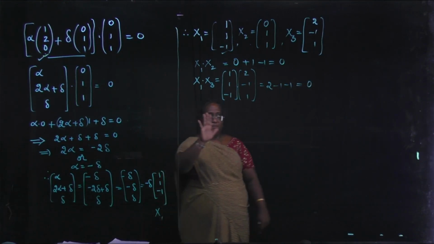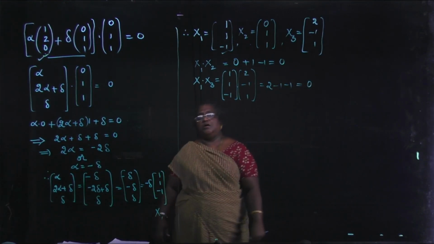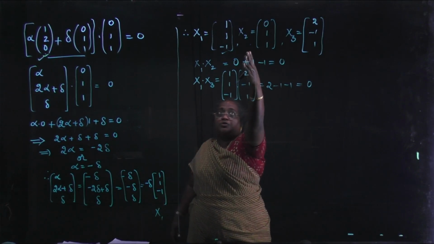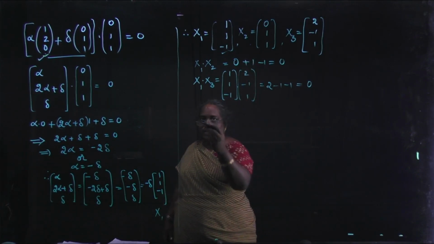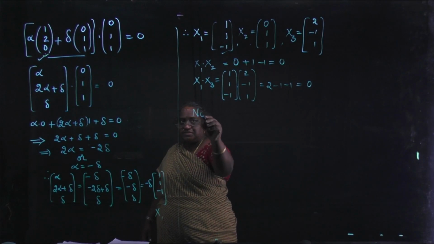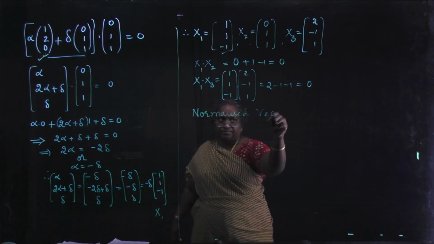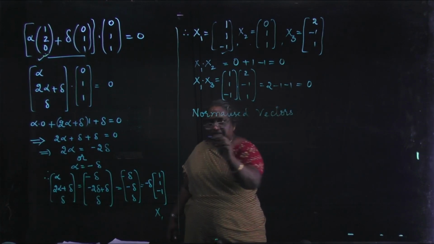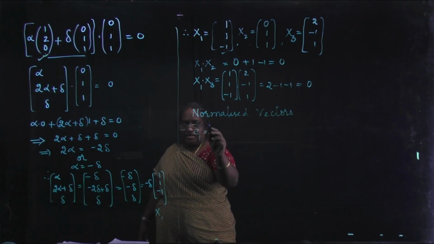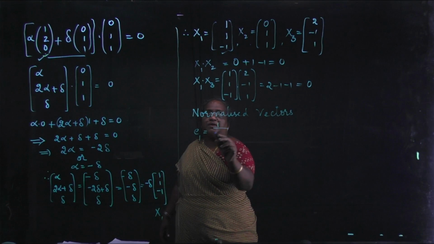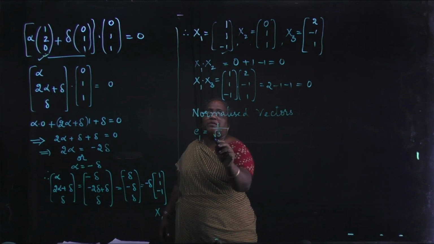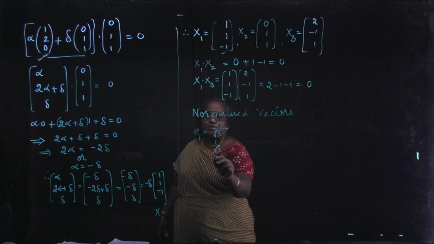So now we obtained the mutually orthogonal vectors. Now I can write the normalized vectors. So what are the normalized vectors? E1 is 1 by root 3, 1 by root 3, minus 1 by root 3.